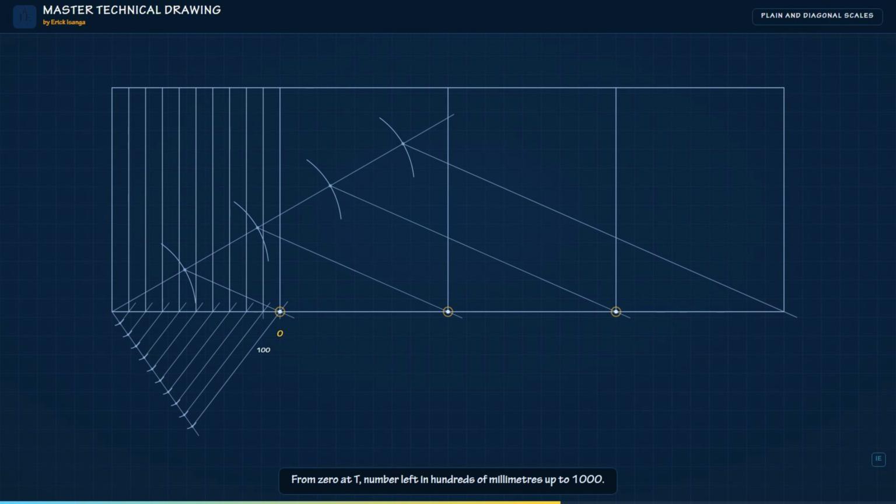Beginning at 0 at T, number the smaller units towards the left, in intervals of 100 millimeters, up to 1000. From 0 at T, number the meters towards the right: 0, 1, 2, 3. The first meter lies to the left of 0, so W is not labeled 4.